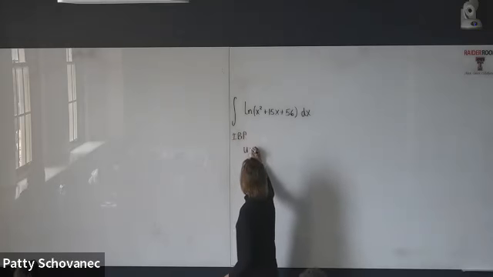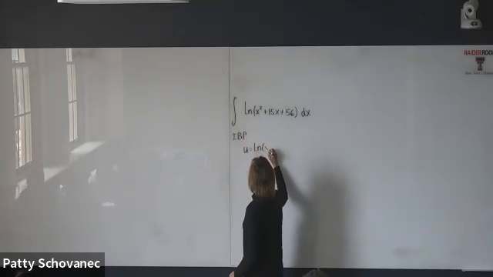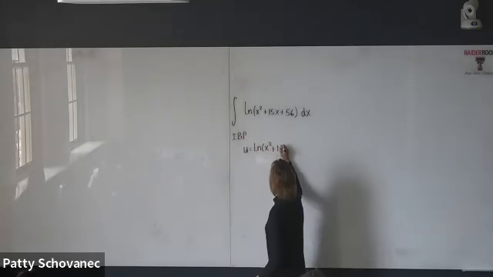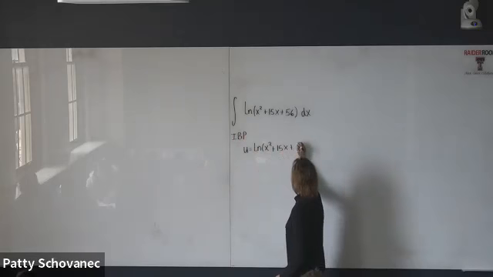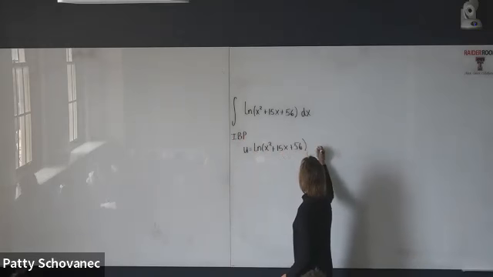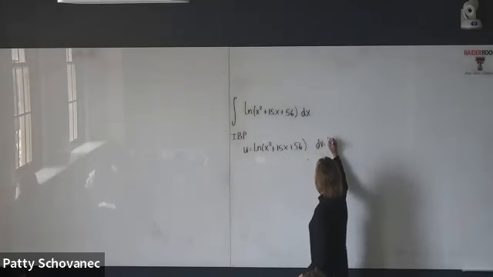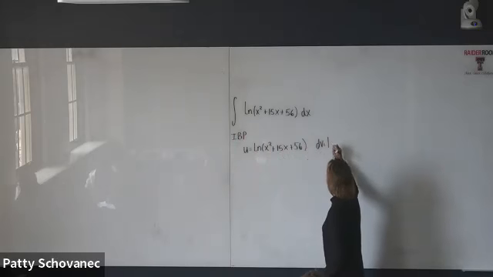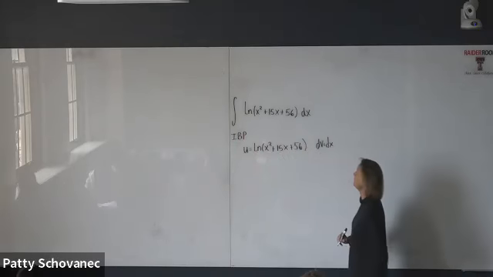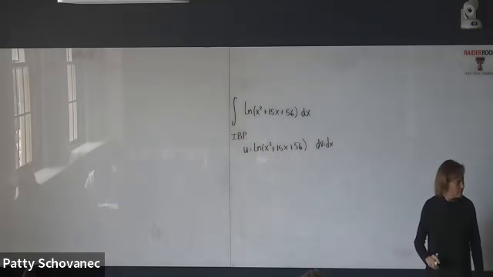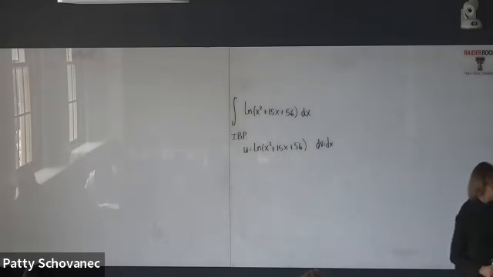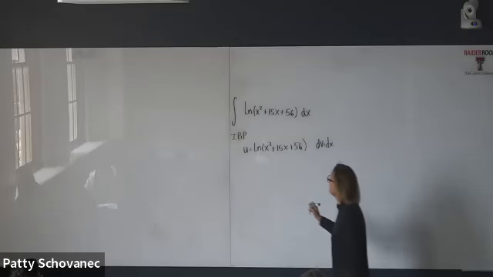Where u is the entire natural logarithm. That means that the dv just has to be the dx. And so we need the du and the v.